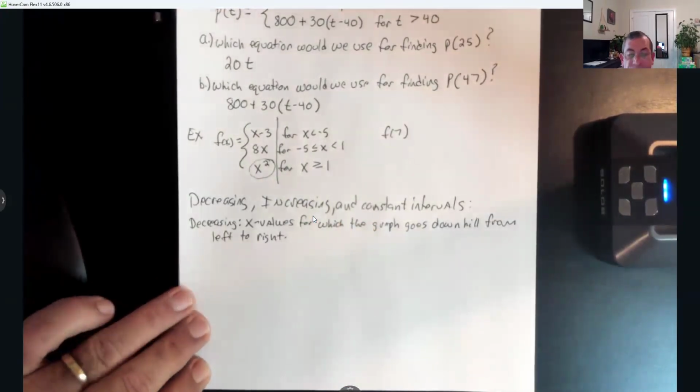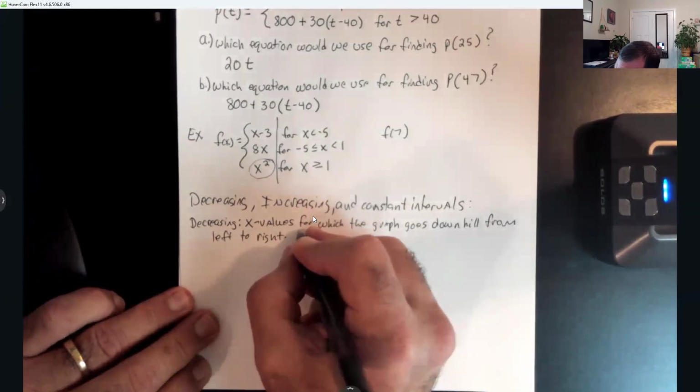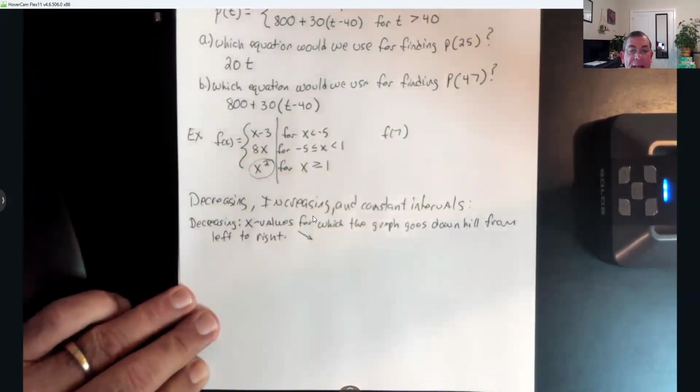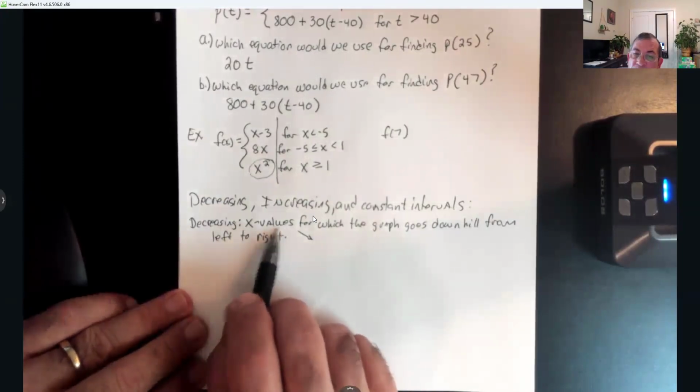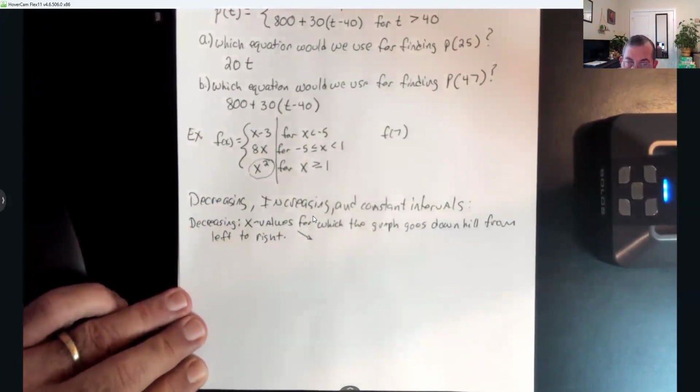Okay, so we're looking at left to right. These graphs are going to go downhill. And remember, we're only concerned with x values, not the y values, okay?